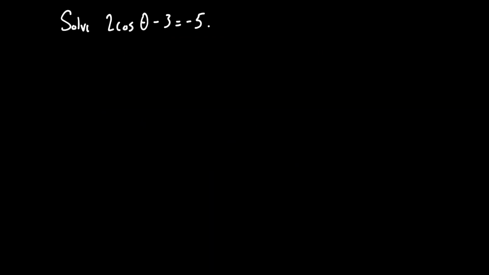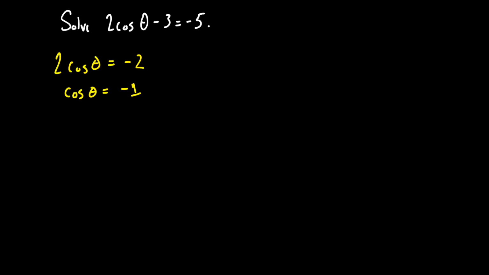In this problem, we want to solve 2 cosine of theta minus 3 is equal to negative 5. This time, we want to start off by isolating our cosine theta. So first, add a 3 to both sides. This gives us 2 cosine of theta is going to be equal to negative 2. Then divide both sides by 2, and we're left with cosine theta is equal to negative 1.